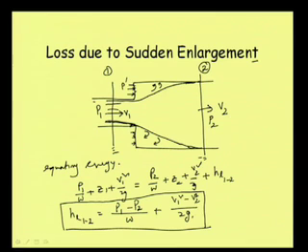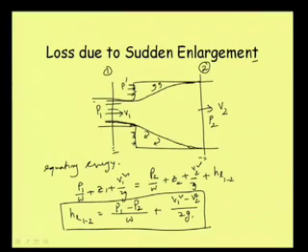Now, if we apply the momentum equation, that is the force balance, some force is coming from here, some forces are there, and we try to equate those things. Say this area is A1 and the area here is A2, and the velocities we have already written.